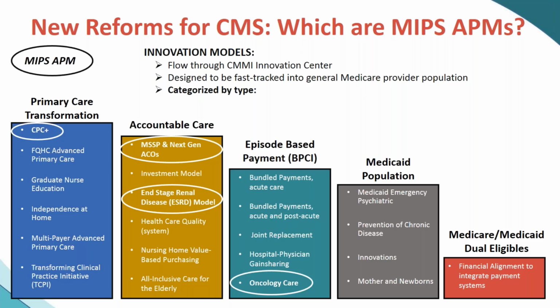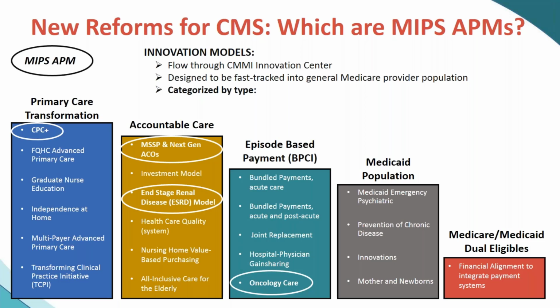The perfect example of one that goes back and forth is CPC+. If you are just doing CPC+, you're not in an ACO, that's an advanced APM, so you go down that track. If you're in an ACO, you lose that risk-bearing component to the CPC, which then puts you back into the MIPS APM track.